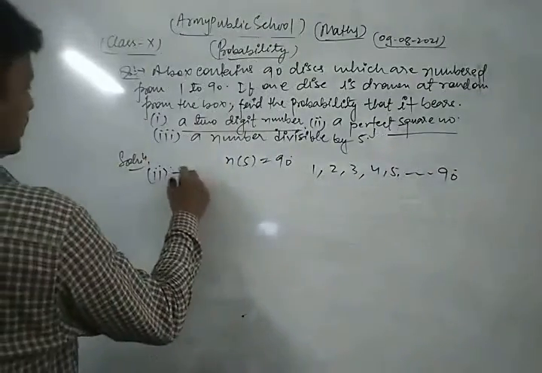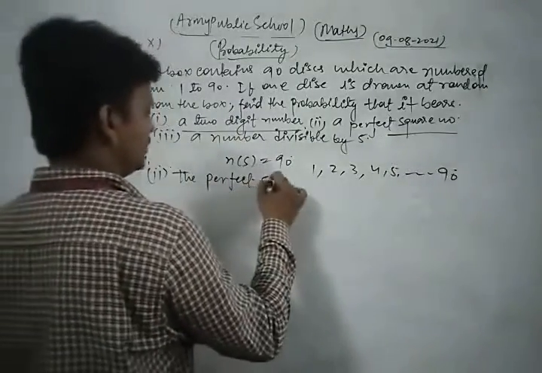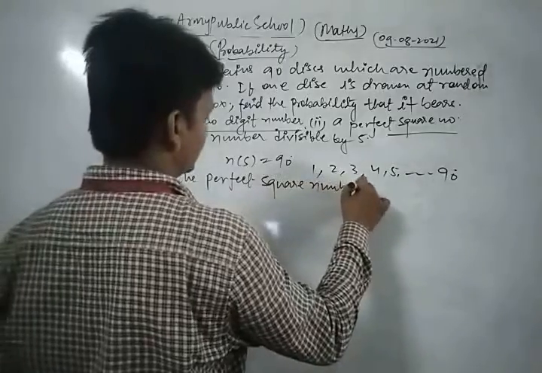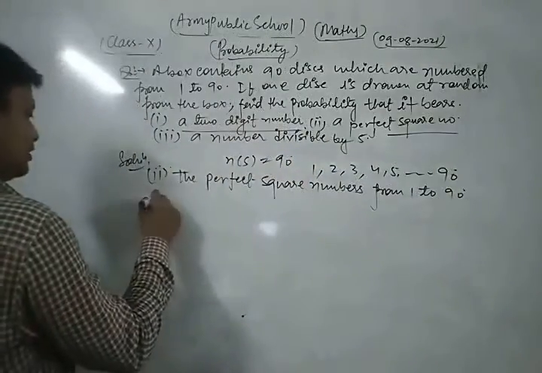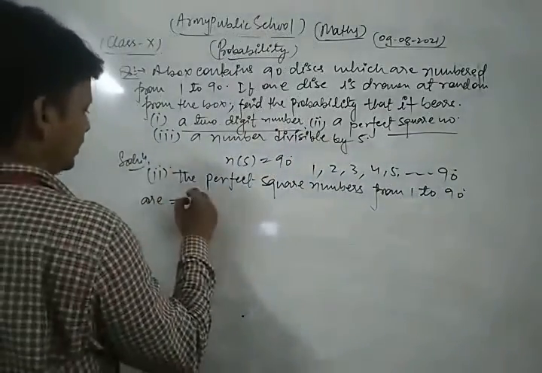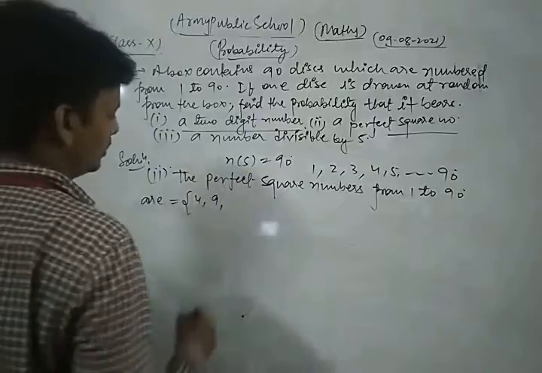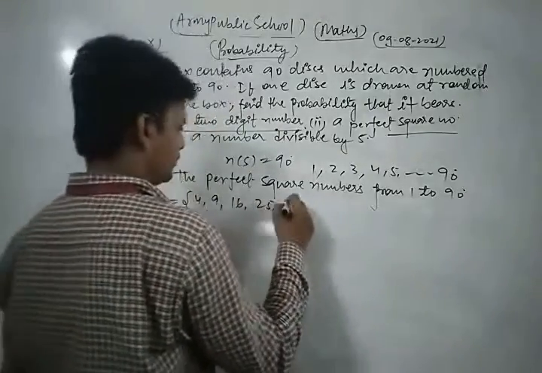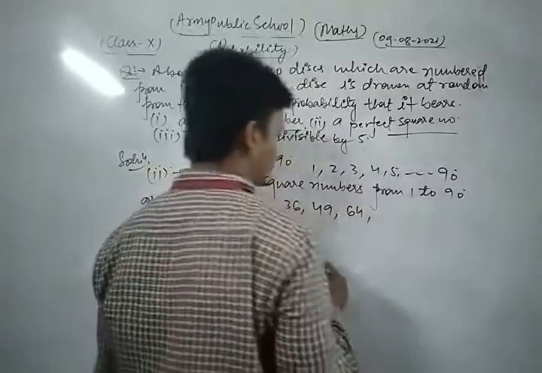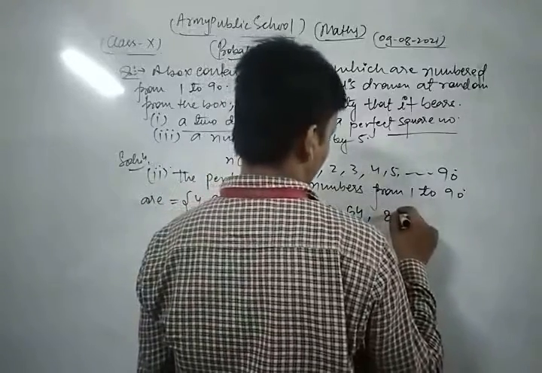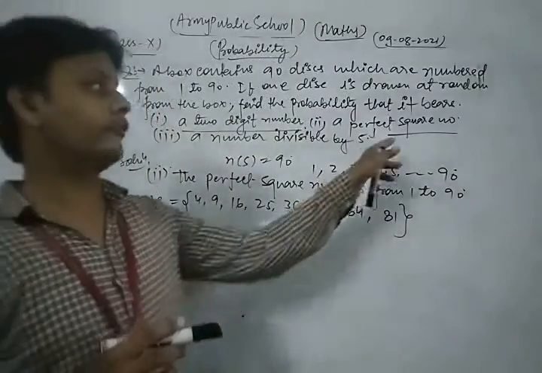So the list of perfect square numbers from 1 to 90 is: 4, 9, 16, 25, 36, 49, 64 and 81. These are the numbers which are perfect square numbers.